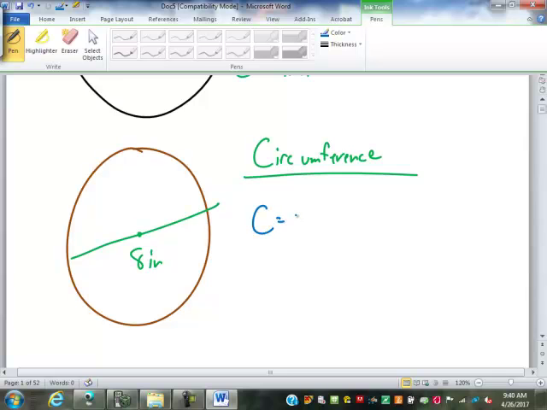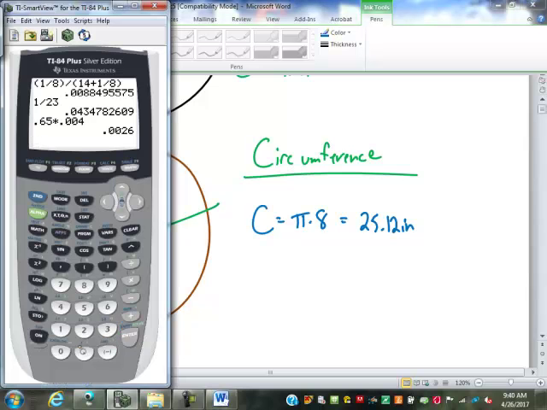The circumference is pi times 8 inches, which is 25.12 inches. That's 3.14 times 8.